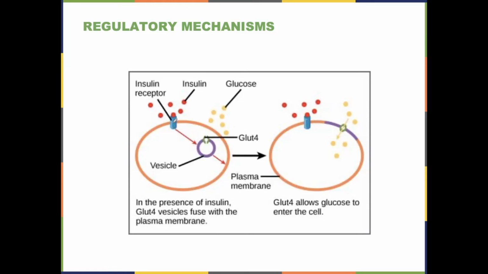So you can see here, insulin binds to a receptor. We'll talk in future chapters about cell signaling, but this is one example of that. When insulin binds to this receptor, it creates changes inside of the cell that bring this protein channel to the membrane and then allows glucose to enter into the cell.